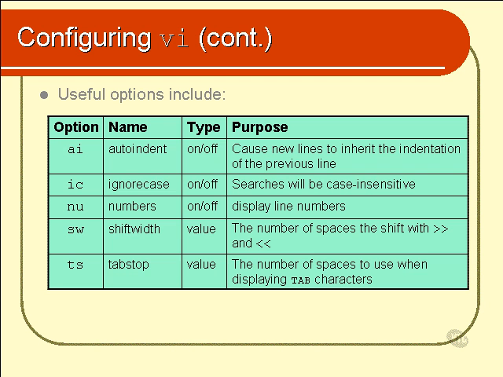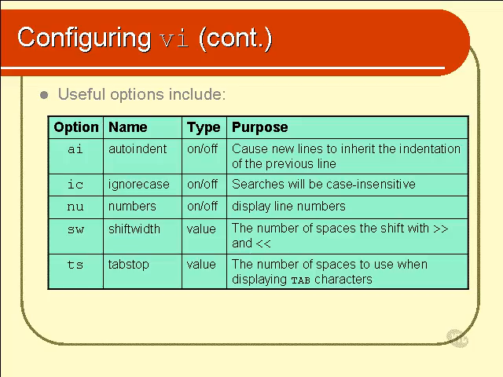Next we have the SW option, which is short for shift width, which specifies the number of spaces left or right when used with the indentation commands. Remember those? The double greater than and double less than letters? If you use those, the current line, or whatever you specify, will be indented left or indented right. The SW option says how many spaces to move them in and out. Let's see what that looks like.